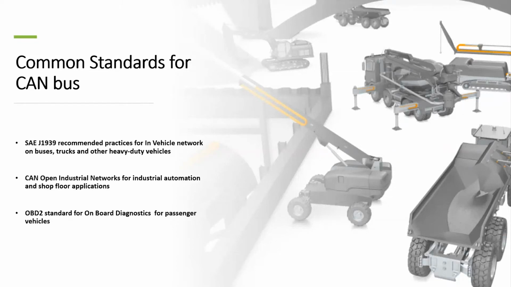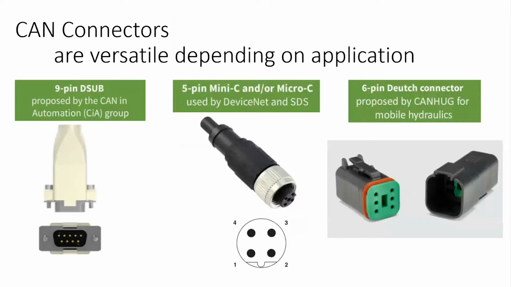So the shop floor applications are pretty wide. The more we looked into this, the more applications we found that CANbus can be applied to. And then where CANbus is born from is the OBD2 standard, the onboard diagnostics for passenger vehicles, which is very prevalent in that industry as well. Most cars that come from Europe will have a CANbus system on board.